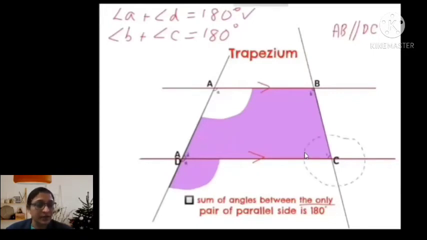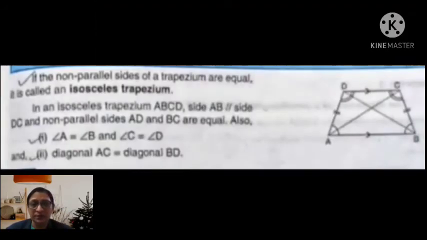Here we cut interior angle C of the quadrilateral and keep it adjacent to angle B. This is also showing the straight line angle, which is 180 degrees.